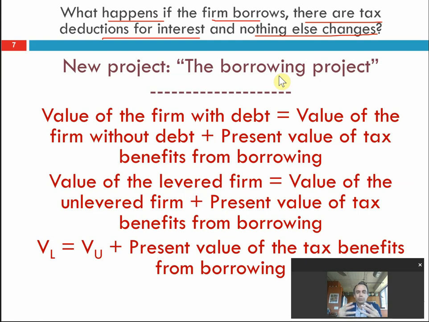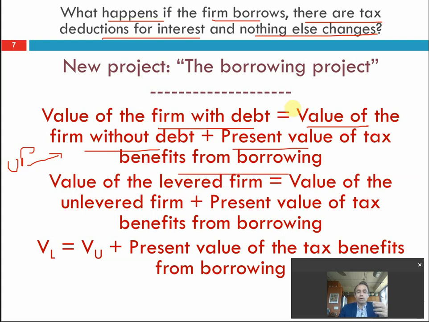And so what we're going to do is say there is a value of the firm with debt. That's CVS operationally plus borrowing. And that's going to be the value of the firm without debt. Okay, that's going to be the operational part. And then the separate valuation is going to be the present value of the tax benefits that we get from borrowing. So all that's going to happen with the borrowing project is that we're going to go to a bank or some corporate bond investors and say, give us some money.